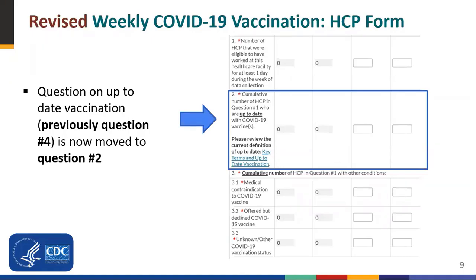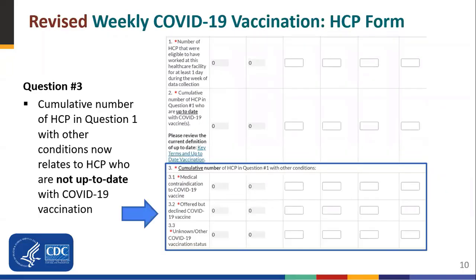The question on up-to-date vaccination, which was previously question 4, is now moved to question 2. Please note that question 3, the cumulative number of healthcare personnel in question 1 with other conditions, now relates to healthcare personnel who are not up to date with COVID-19 vaccination.